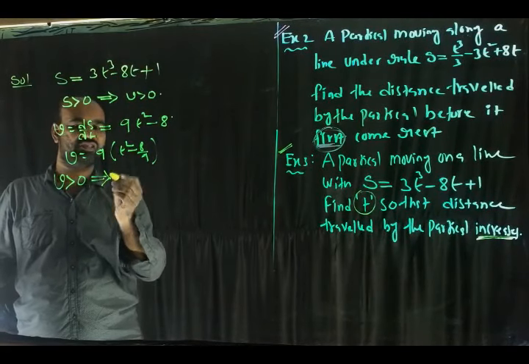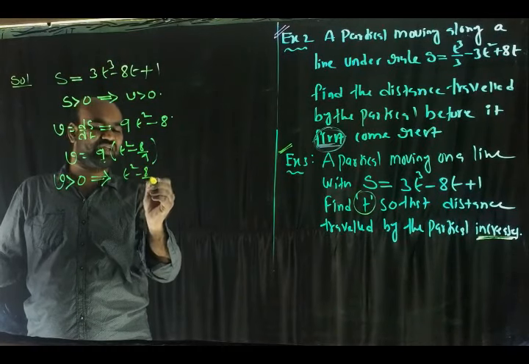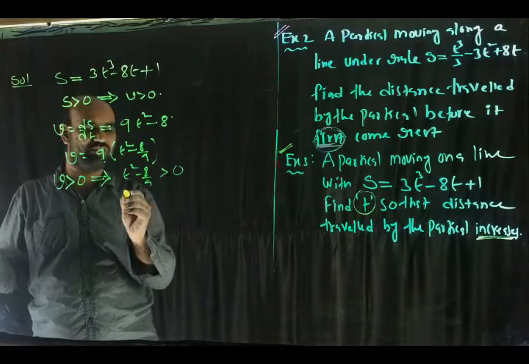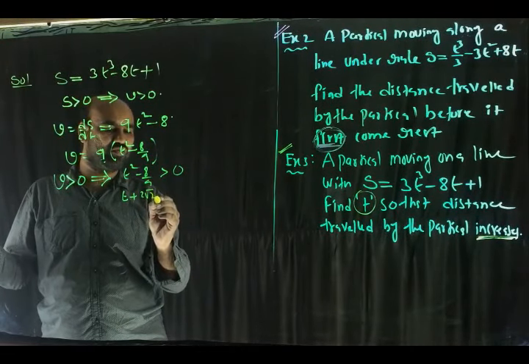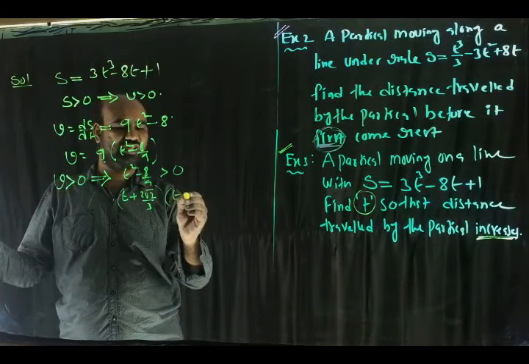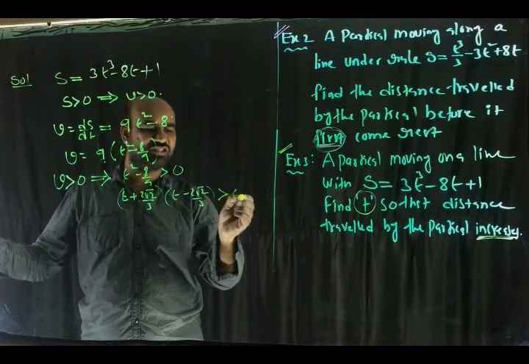Already 9 is positive, so t square minus 8 by 9 should be greater than 0. Using a square minus b square form, a plus b into a minus b, t plus 2 root 2 by 3 into t minus 2 root 2 by 3 should be greater than 0.